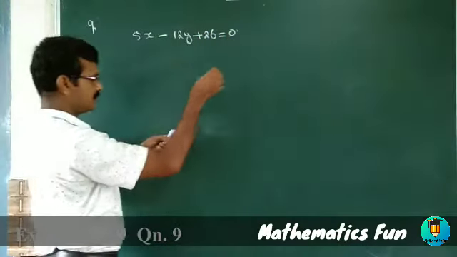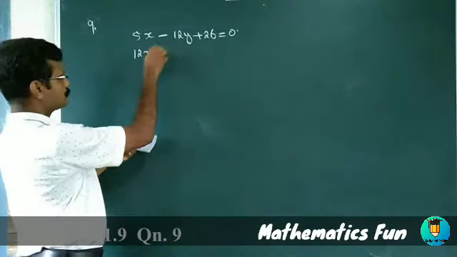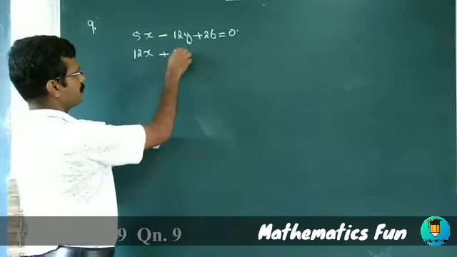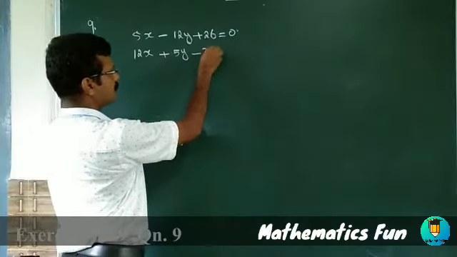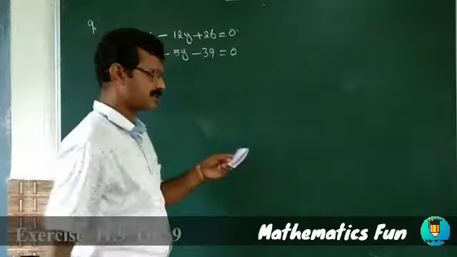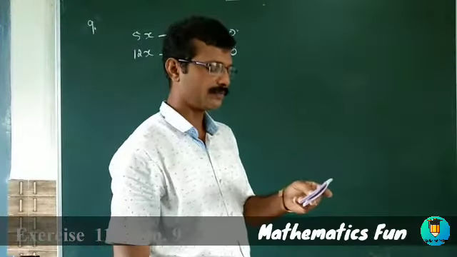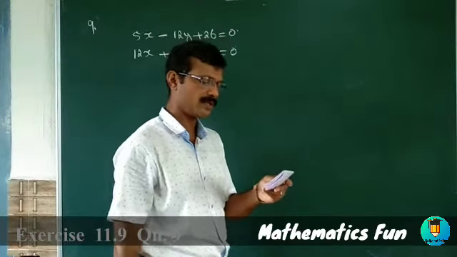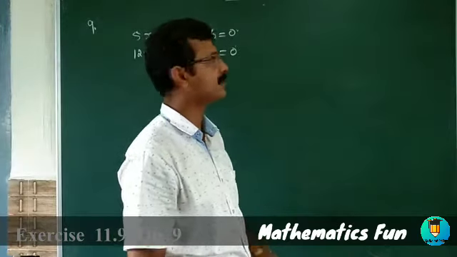This is one of the sides. The other side is 12x plus 5y minus 39 is equal to 0, and it's given that one of the vertices is at the origin. Find the area of the rectangle.